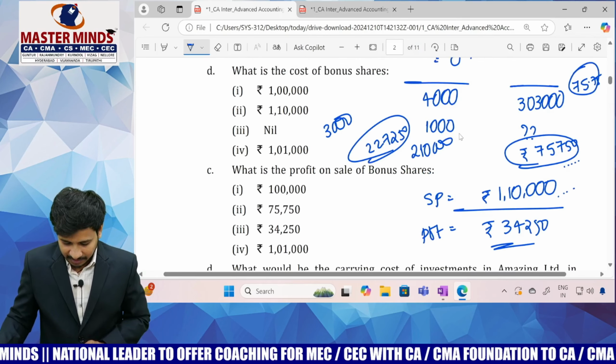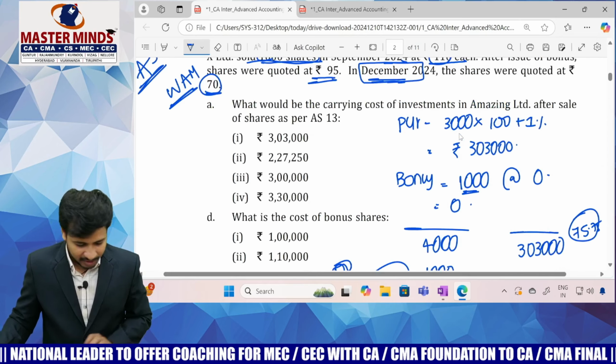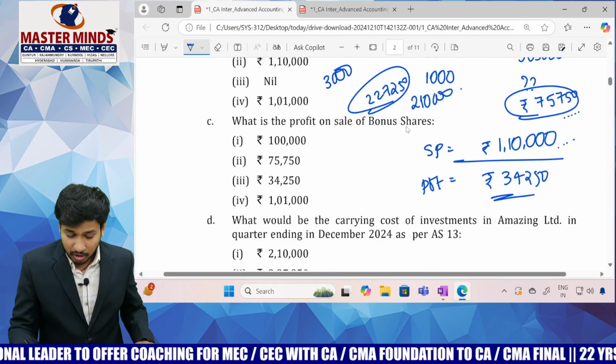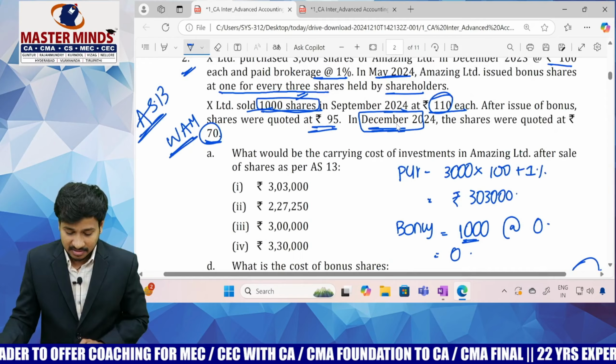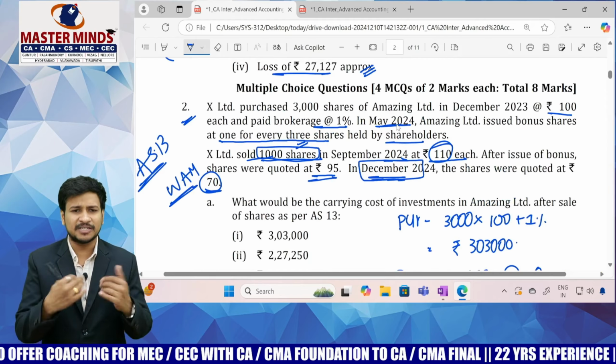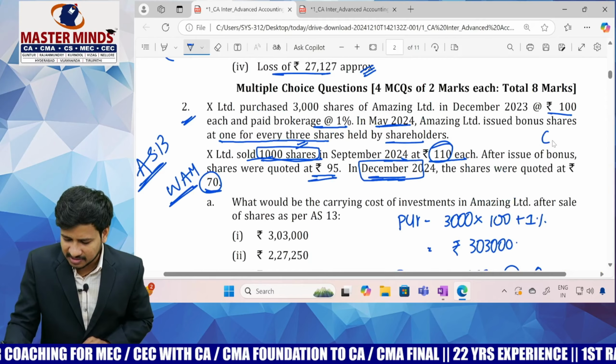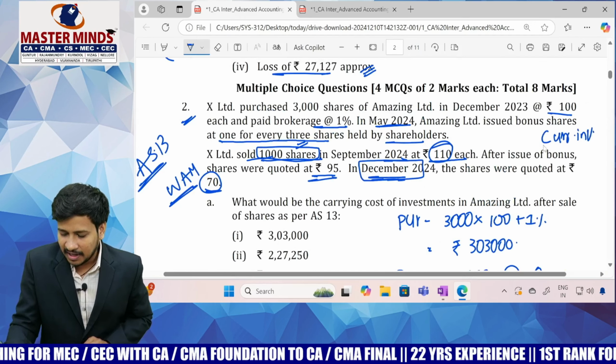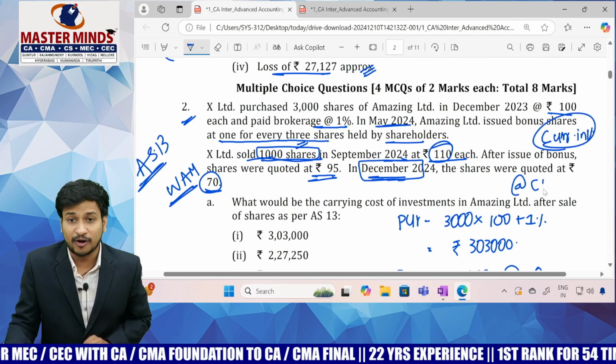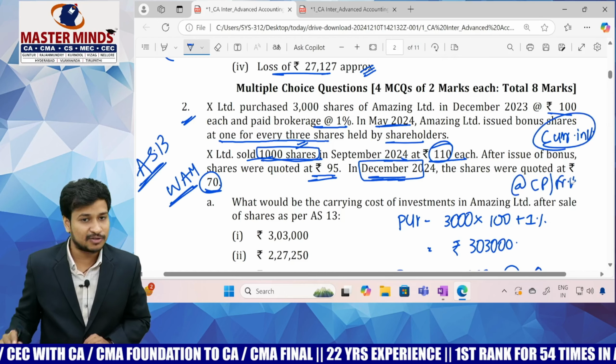So let me continue with each individually. Cost or NRV, I mean to say, since nothing is given and also shares were purchased and some shares sold, obviously this is a kind of current investment, and current investments will be valued at cost or fair value, whichever is lower.